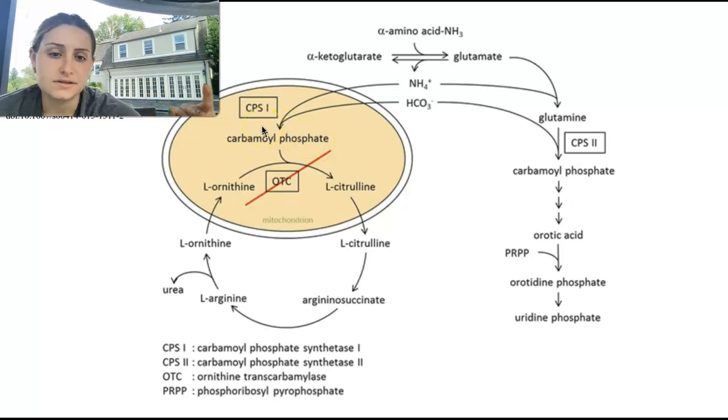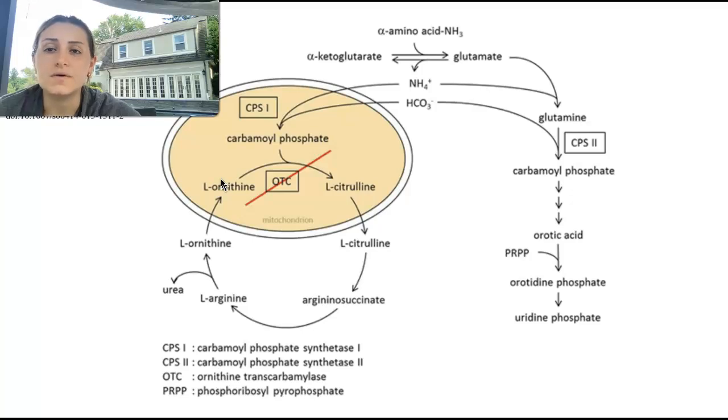And as we discussed previously, there might be an excess of carbamyl phosphate if there's an excess of orotic acid, because the excess of carbamyl phosphate would explain the excess of orotic acid through this pathway. So basically an increase of the carbamyl phosphate would be consistent with an increase of orotic acid, and the only way we would get that carbamyl phosphate is from CPS1. So I would say that's least likely to be impaired.